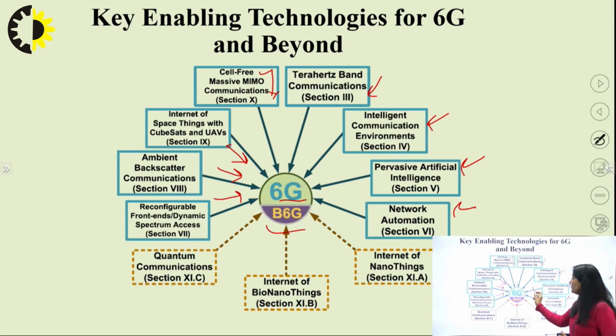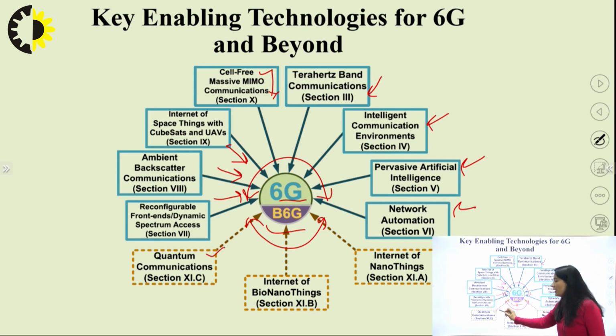So these are the key features of 6th generation. Beyond 6th generation we talk about quantum communication, Internet of Bio-Nano Things, and Internet of Nano Things. So these are the beyond 6th generation key enabling technologies.